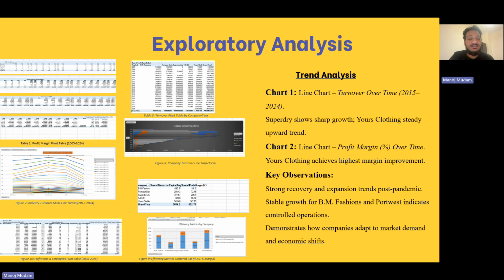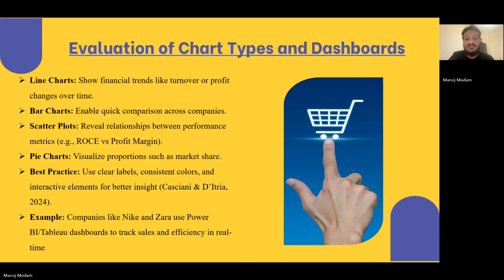And going to slide 7, evolution of chart types and dashboards. The importance of the competitive edge is in effective data visualizations. Line charts are best used when the changes are compared with time, such as turnover and profit trend.